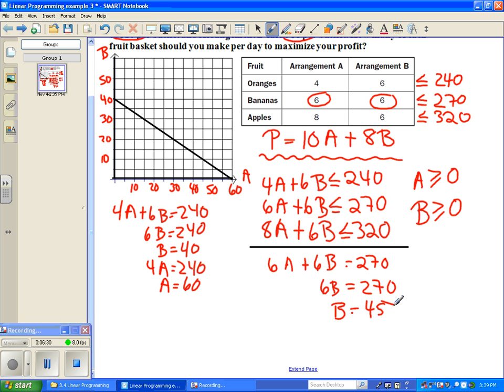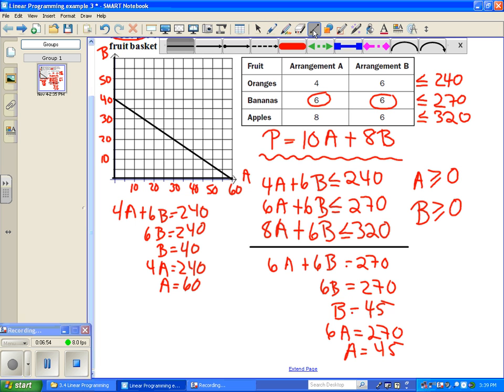It's going to be the same thing for the other one. If we plug in 0 for B, we get 6A equals 270, and then A is 45. Okay, so let's graph the second equation, starting at 45 and going up to 45.